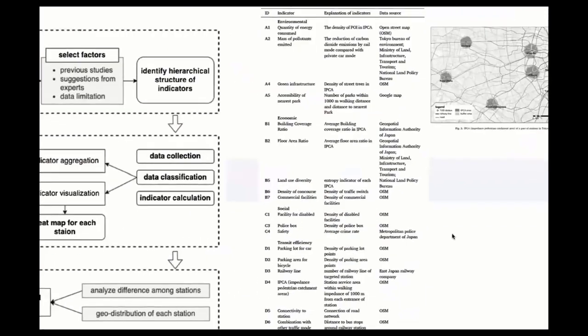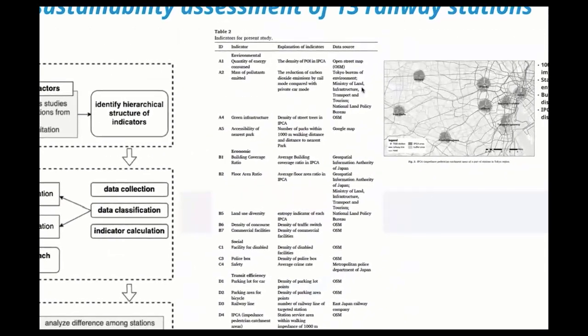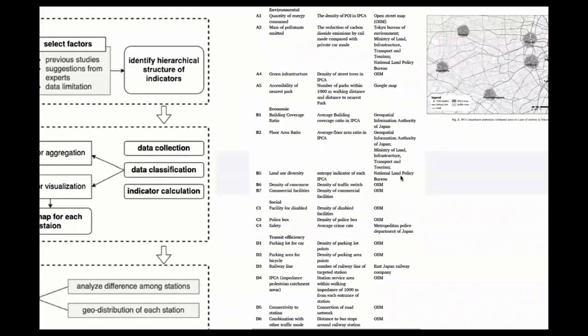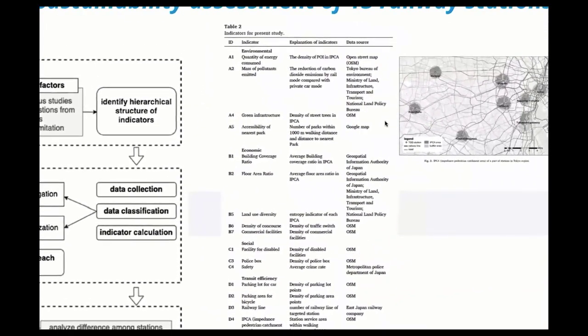Within the OSM, one thing I wasn't so sure about, because the table didn't provide much detail: I know the OSM POI data will give you the category of the different types of POIs, for example bus stops or parking lots or other categories. But I wasn't really sure about the quantity of energy consumed.